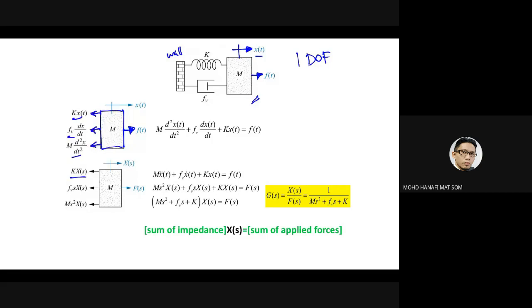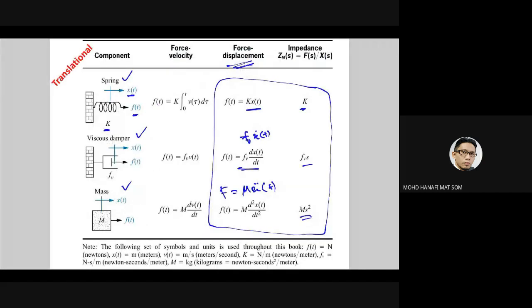Kx(t) becomes KX(s), fv dx/dt becomes fv s X(s), and for the mass, we have Ms squared X(s). Refer to this table again, this portion. This is the impedance.